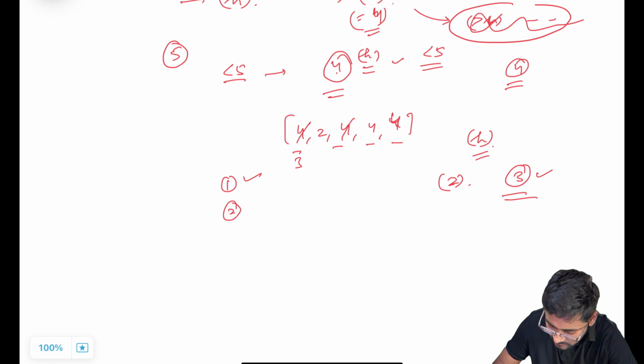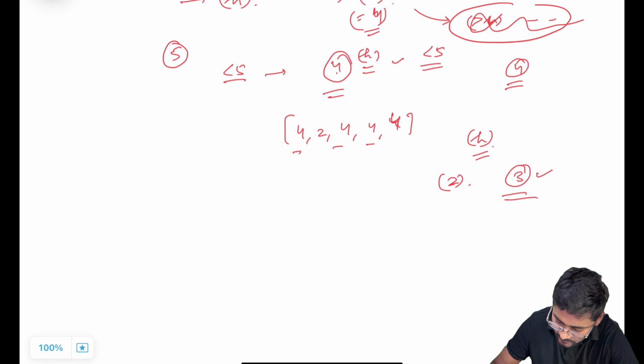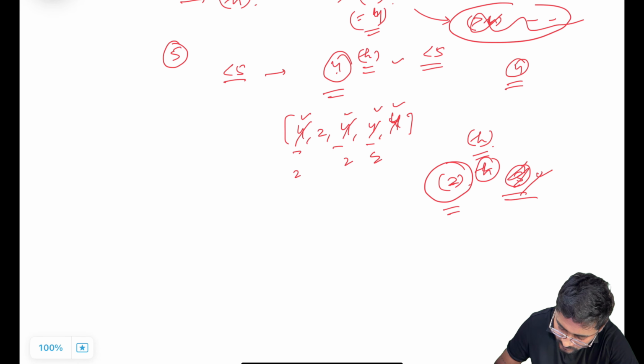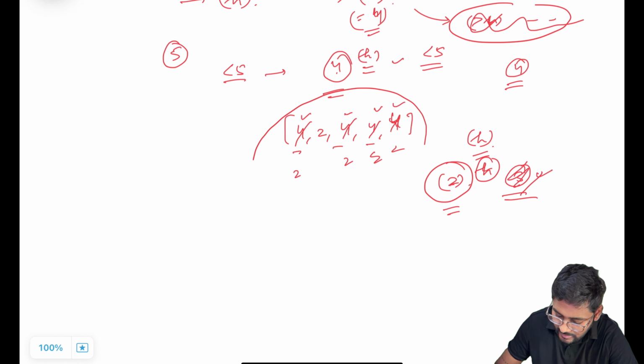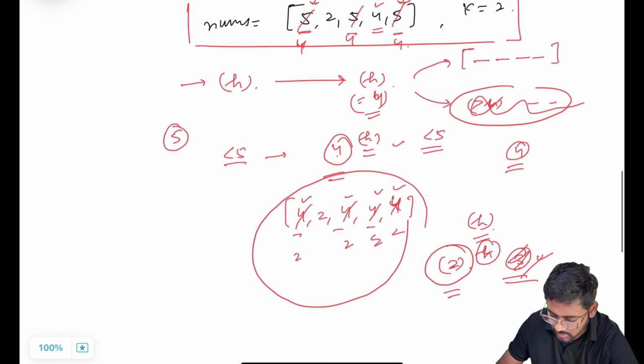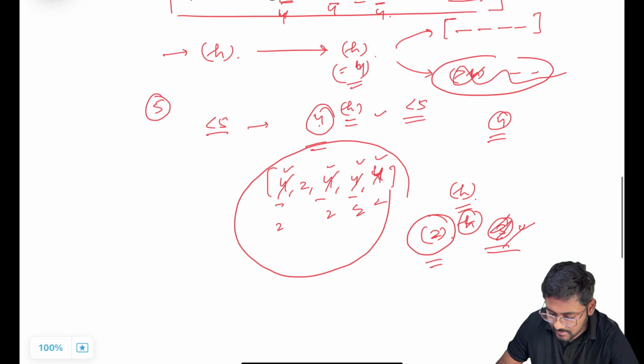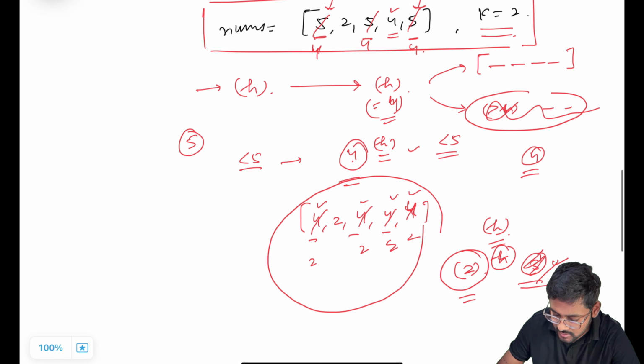Instead, if we choose 2 as our value of h, then these are the values greater than 2, and these will be converted to 2. And after that, every value in the array is converted to k. K was given 2 in the starting. So this is something we can do. First of all, we have to pick the second largest element.